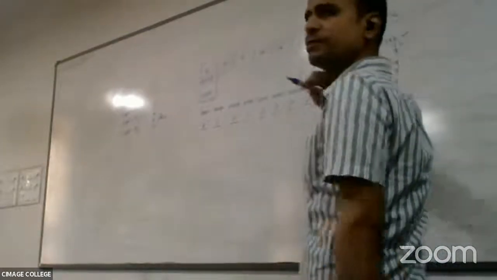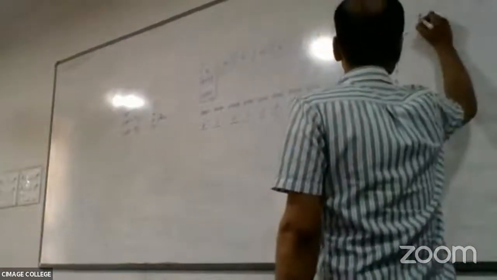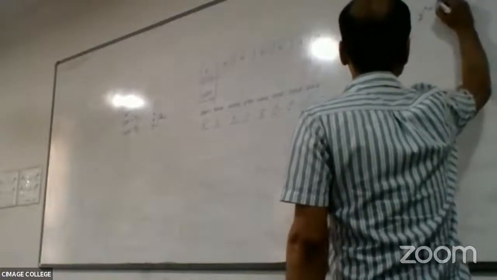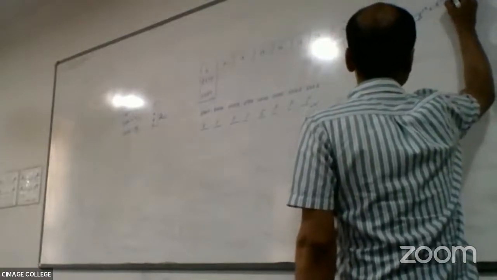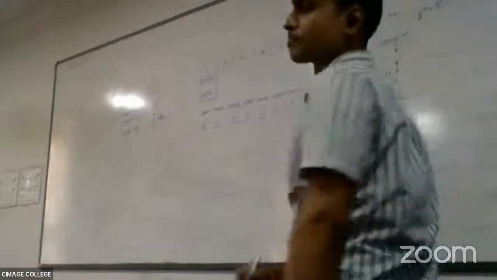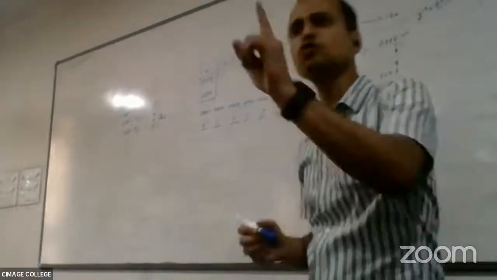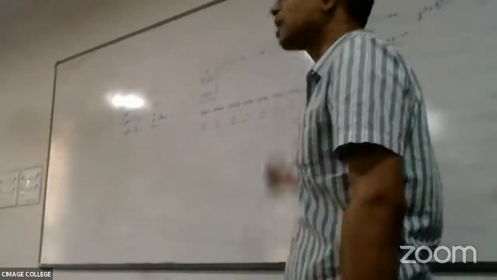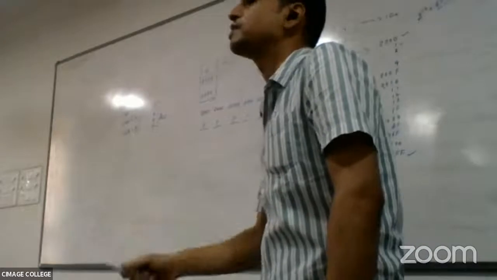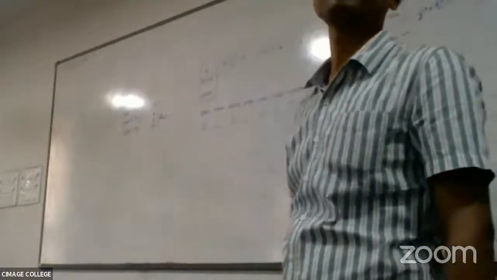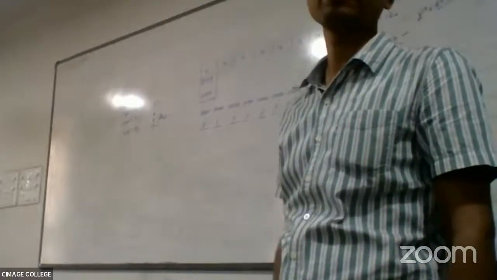There are 16 bits. Just put 2 to the power 16. Its value will be 65,536. Means by using only one group, we can form 65,536 different IPv6 addresses. Okay.